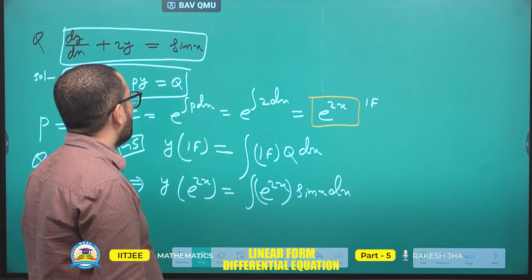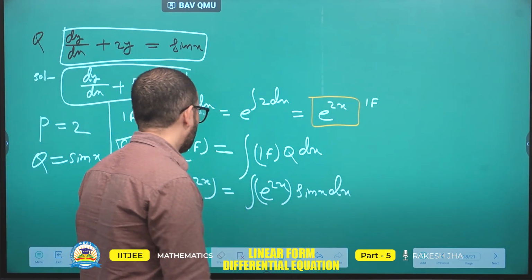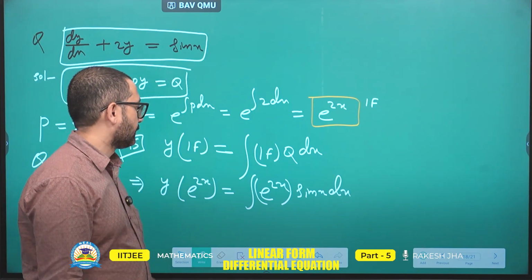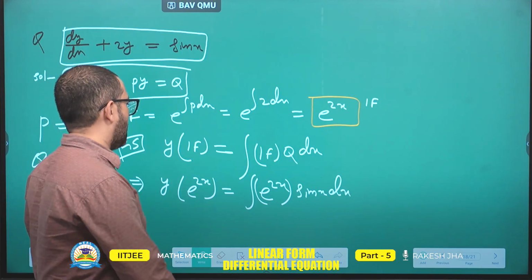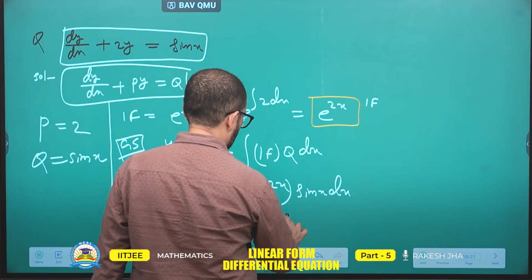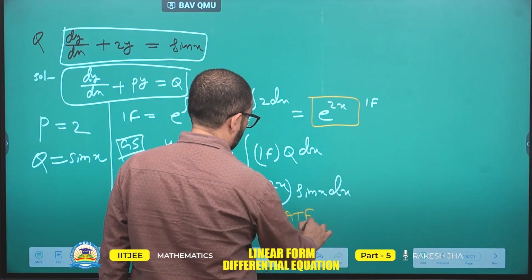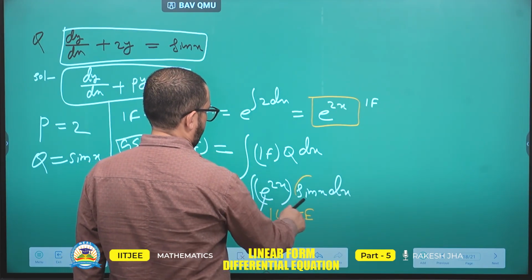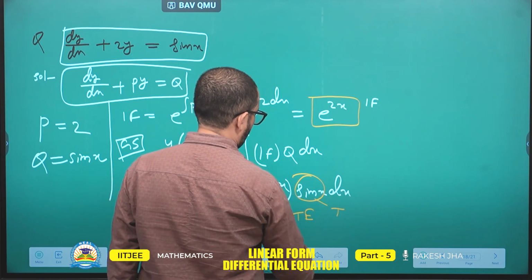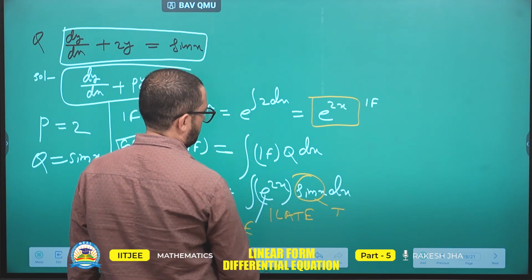Okay, so now we will solve this integration. For that we have to apply ILATE. Here e stands for exponential and sin x is trigonometric. This is the trigonometric and this is the exponential function.